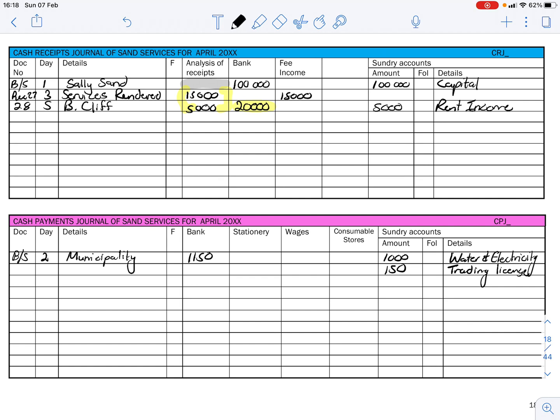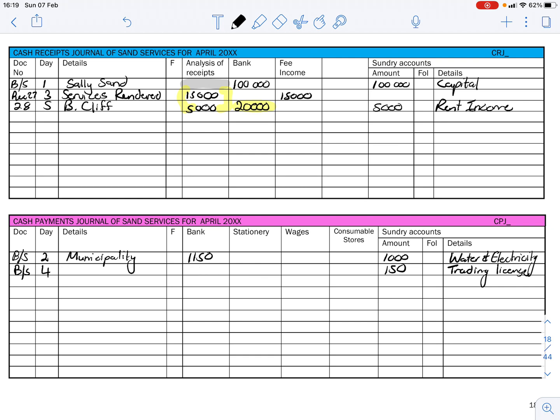Now, on the 4th, we buy equipment and consumable stores from Macro. So we are buying 2 different things from one place. Our source document is a bank statement. We are paying Macro. The total amount tells us it was 7,680 Rand. They tell us that 5,400 Rand was for equipment.